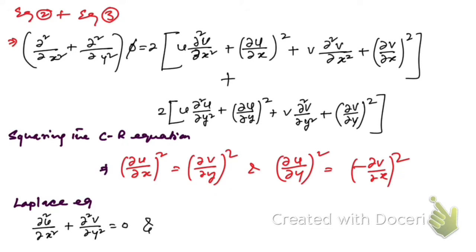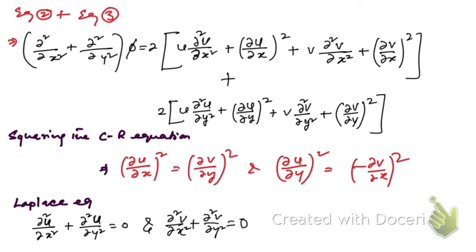And similarly we can write second order derivative of v with respect to x plus second order derivative of v with respect to y, that should be also equal to 0. Okay, so these two are Laplace equations.